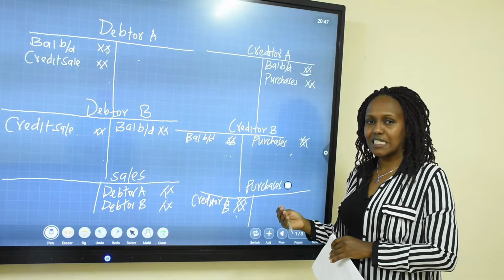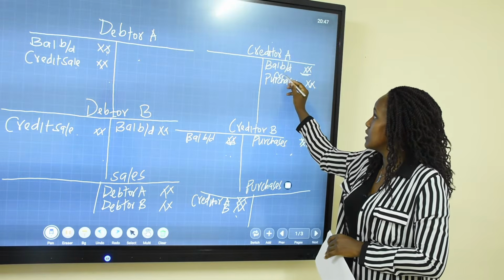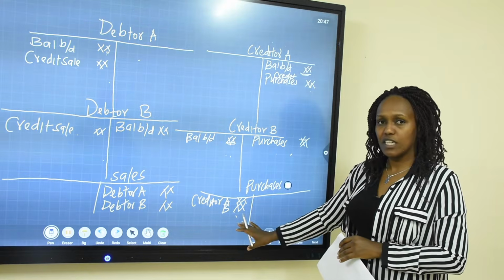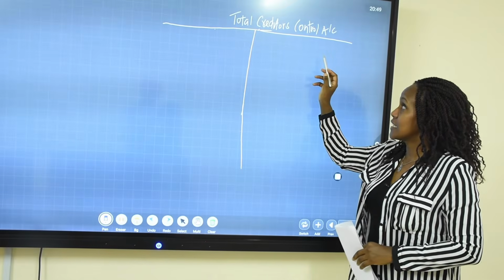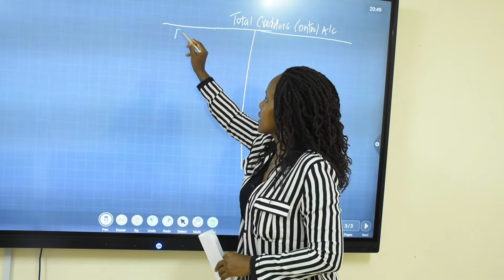Once we buy from the creditors and we do not pay for credit purchases, we are going to credit the creditors account, and then we are going to debit the purchases. So taking us back, to prepare the total creditors control account, we are going to bring the totals from the creditors account.